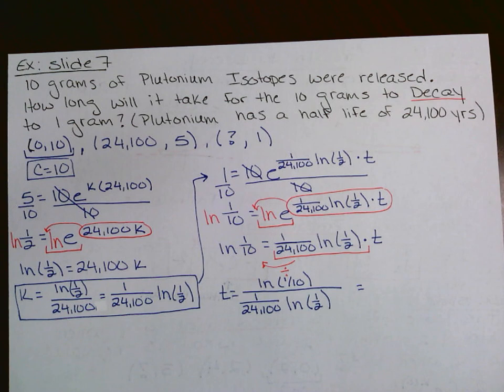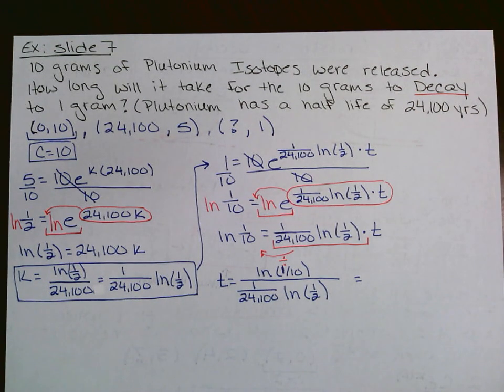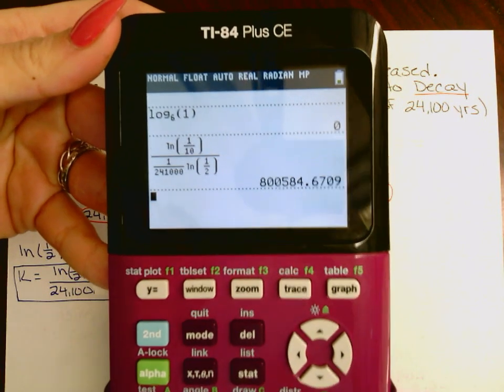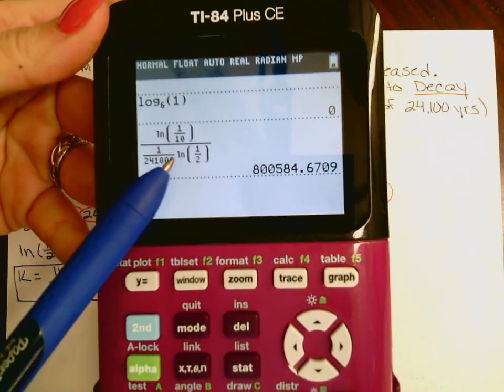Okay. Take a moment and put that in your calculator. Remember to use your alpha y equals button to create all those little fractions and make it nice and neat. So if you plug this into your calculator, again, using that alpha y equals button, so they let us put in all the fractions. It should look like this.